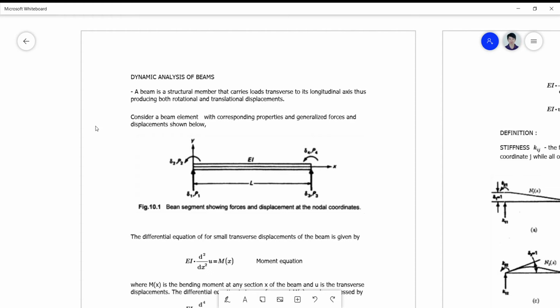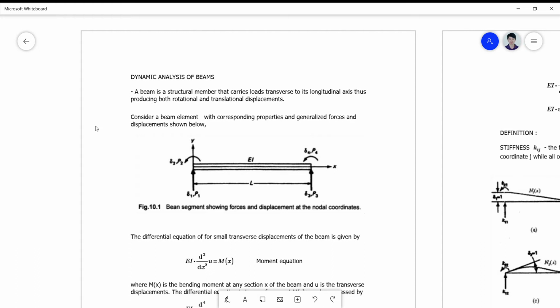So a beam is defined as a structural member that carries loads transverse to its longitudinal axis such that it produces both rotational and translational displacements.